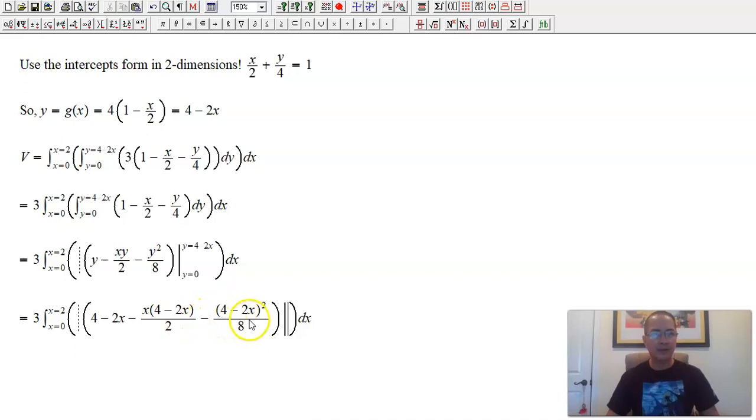However, this one is really up to you. If you feel okay expanding this square and then dividing by 8, that's fine. We can do that. Or we can keep it together and then just do a u substitution. U can be this, and then you can solve for du: minus 2 dx. And then for dx, don't forget to change the dx for this integral. You'll get minus 1/2 du. So you know what? Let's do that.